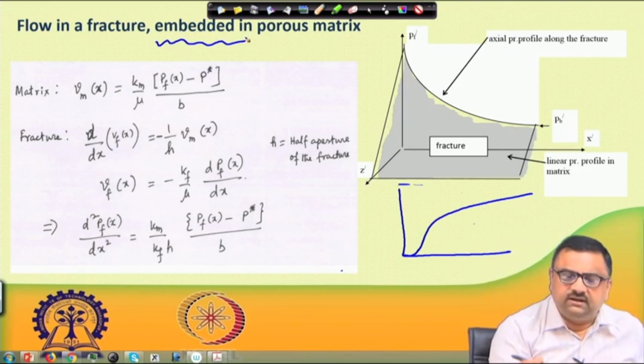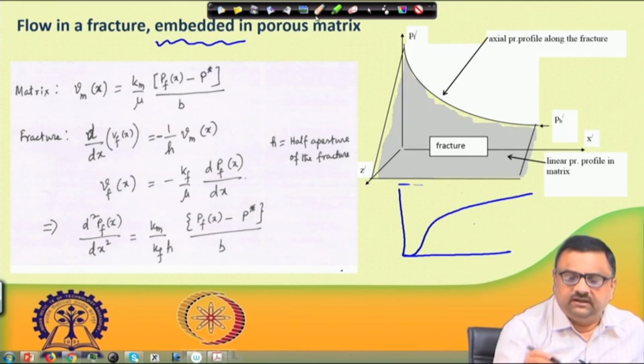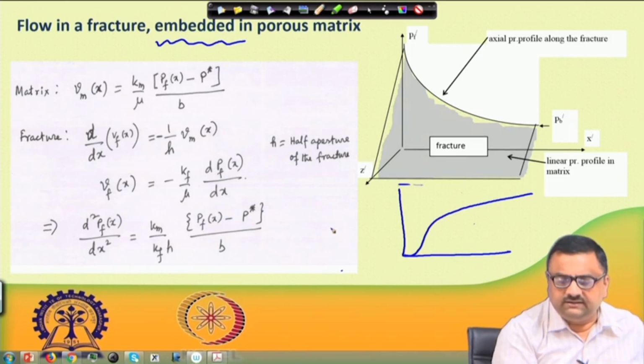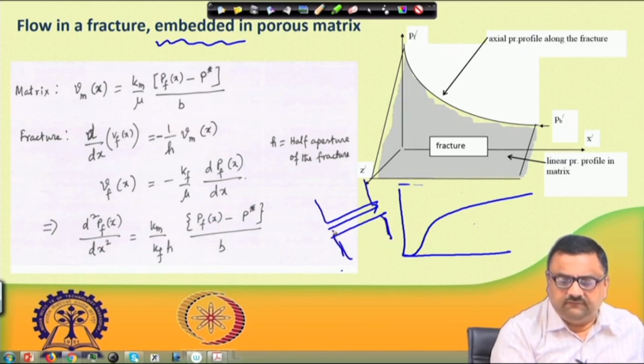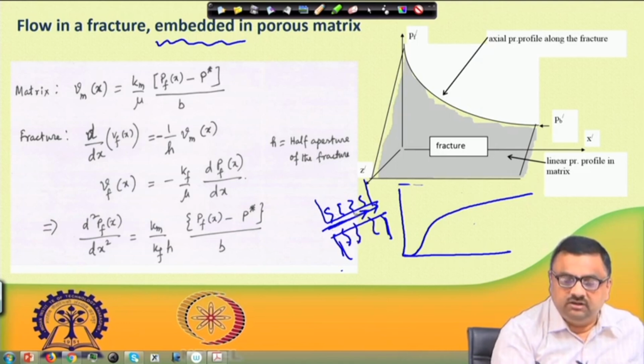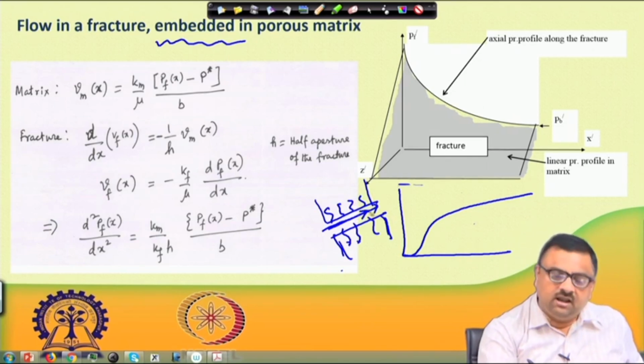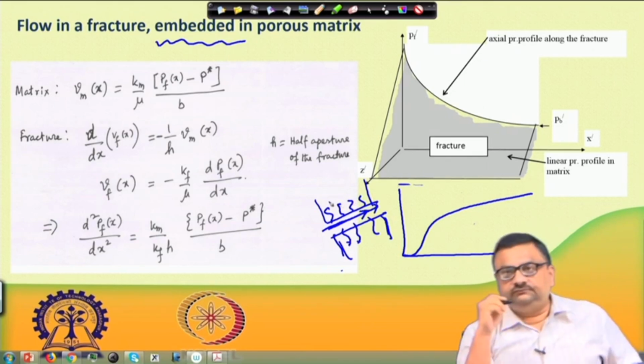In such situations, it is better to consider the flow through the fracture as unidirectional. This is the fracture and this is the adjoining matrix. The flow happens through the fracture, and then there is some diffusion, molecular movement of solute into the adjoining medium. So, it is more of a unidirectional flow through the fracture, and then there is some amount of diffusion.